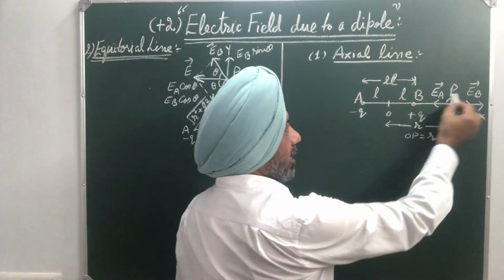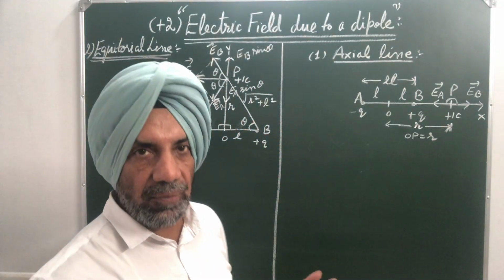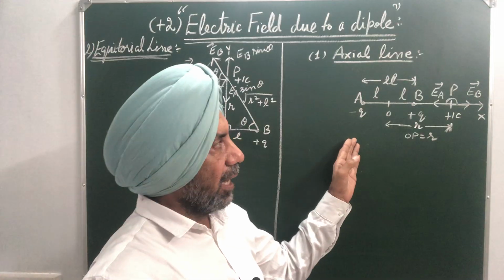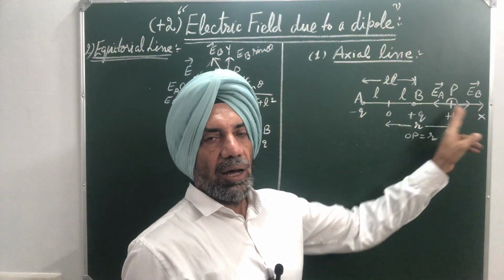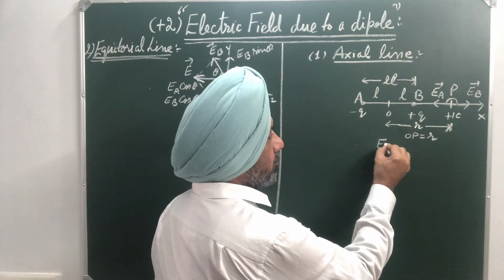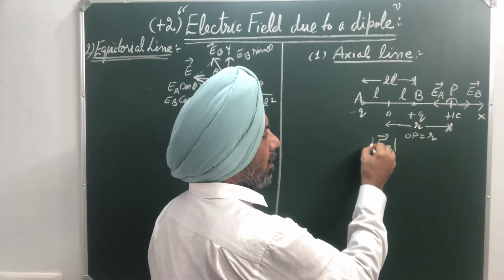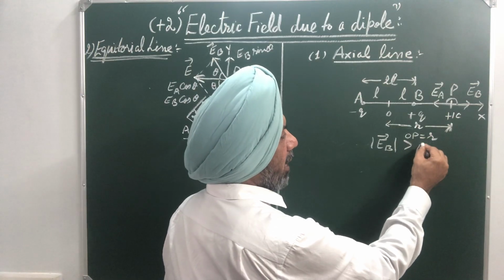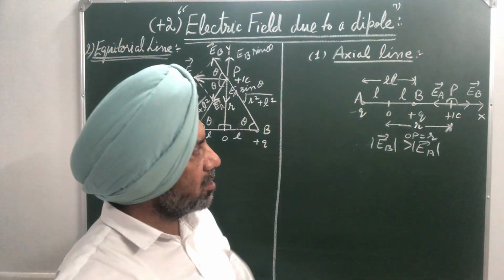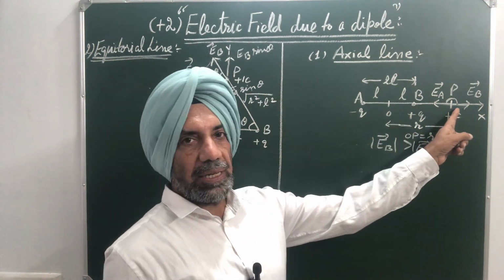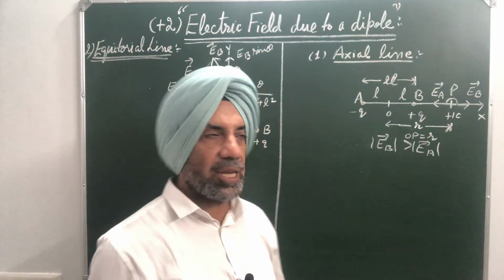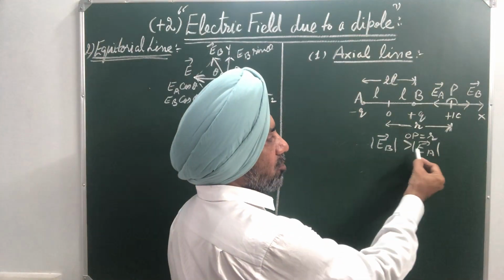So EA and EB are the two electric fields due to the separate charges plus q and minus q, and they are opposite. Moreover, EB magnitude will be greater than EA magnitude, because point B lies closer to P than point A. Electric field is inversely proportional to distance square.